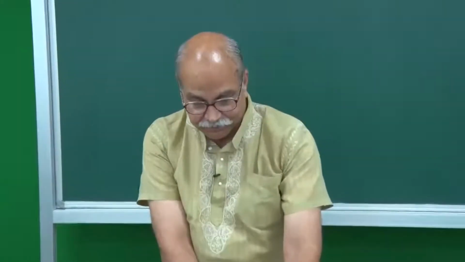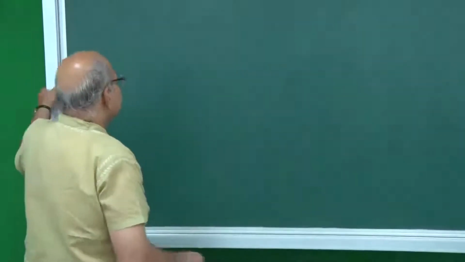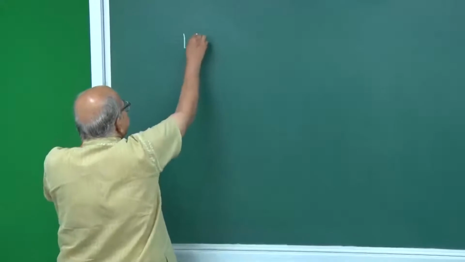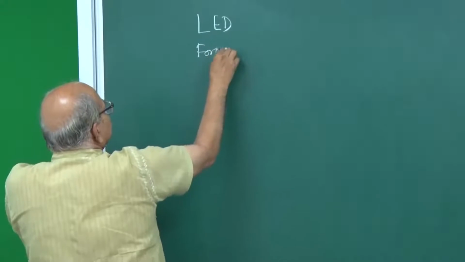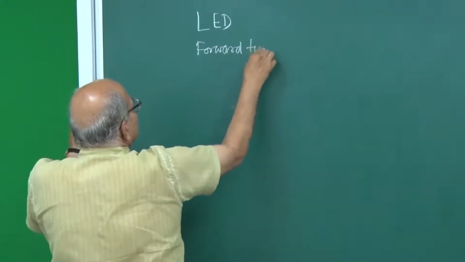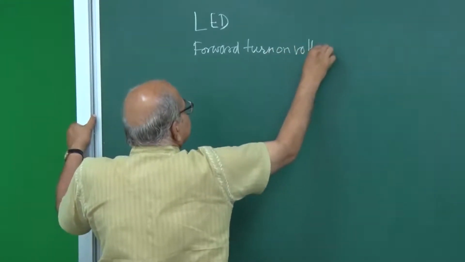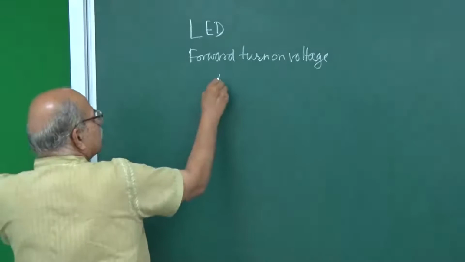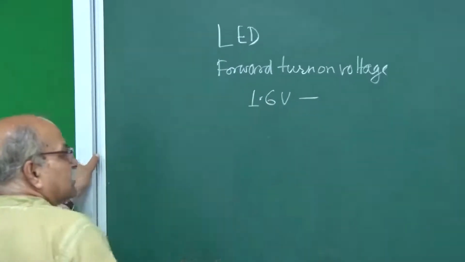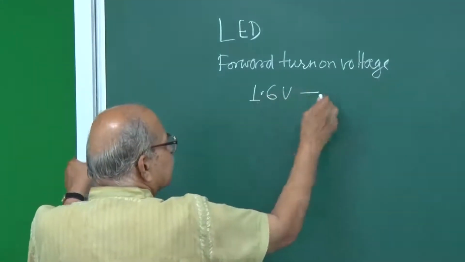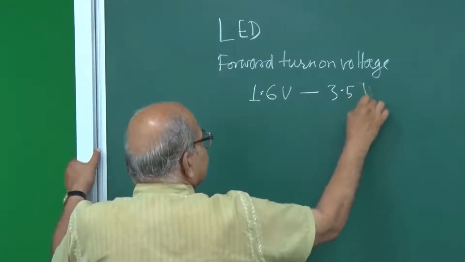So typically, the forward turn on voltage of these LEDs is, depending on the color, it could be somewhere say 1.6 volt for the longer wavelength, and maybe some 3.5 volts for the shorter wavelengths.